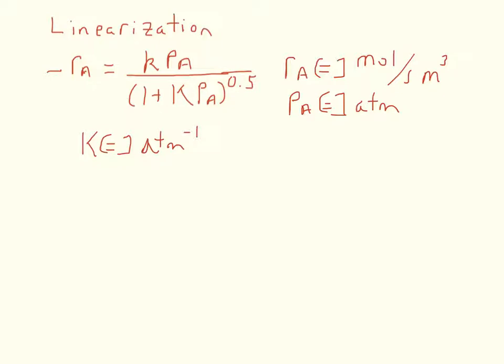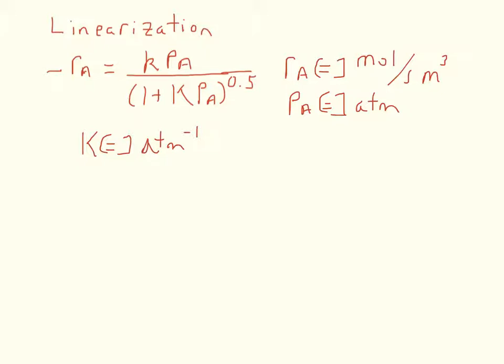Then the right-hand side of the equation has to have the same units as the left-hand side. Since this denominator is unitless, the numerator has to have the units moles per second per cubic meter. The right-hand side also has atmospheres, so the value of K has to carry these units and cancel out the atmospheres of the partial pressure.